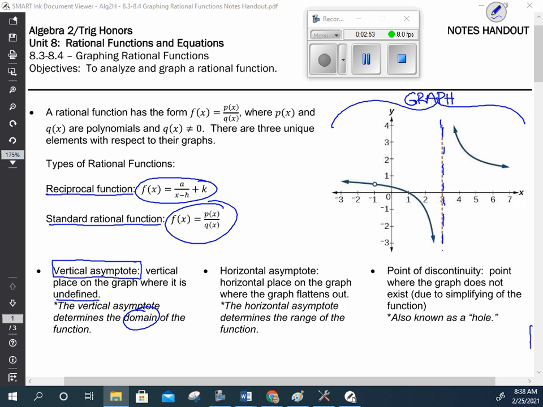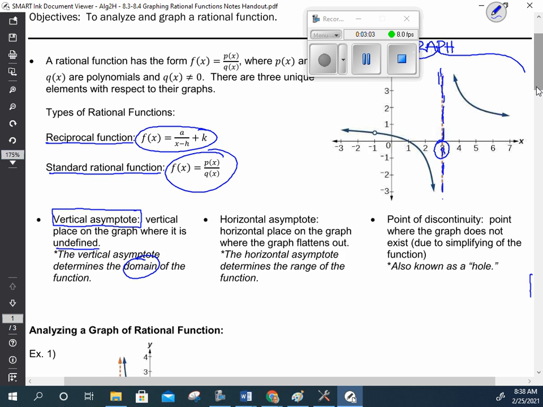For example, if you look at this graph, you have a dotted line going through x equals 3. That means your vertical asymptote will be x equals 3.